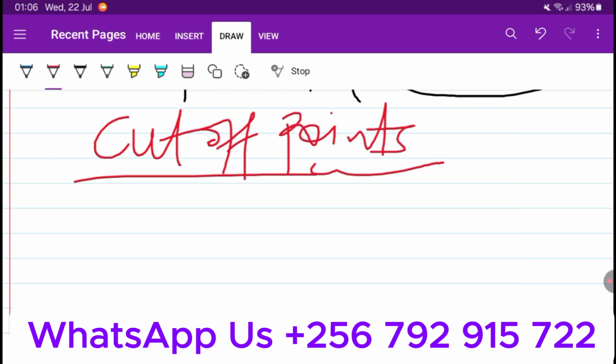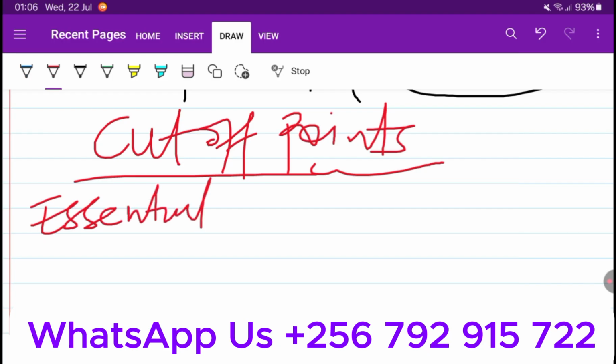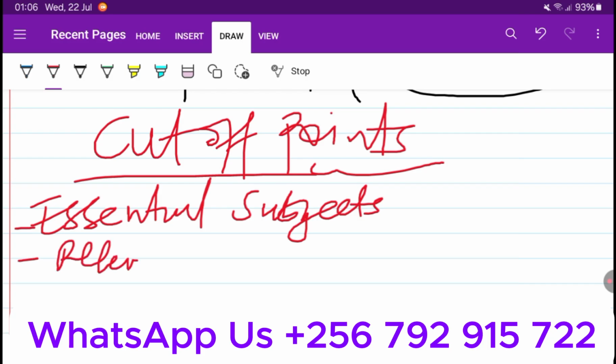When these universities are computing their cutoff points, they always have what we call the essential subjects, and then the relevant ones.